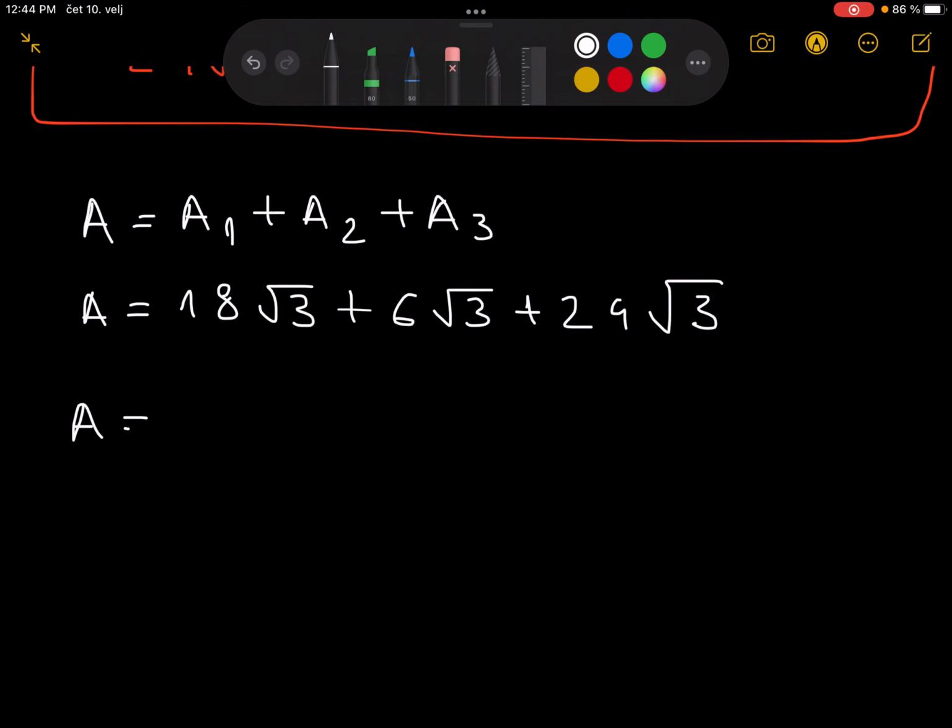And the complete area, when you add all of these up, is going to be equal to 48 times the square root of 3. That is our final answer.